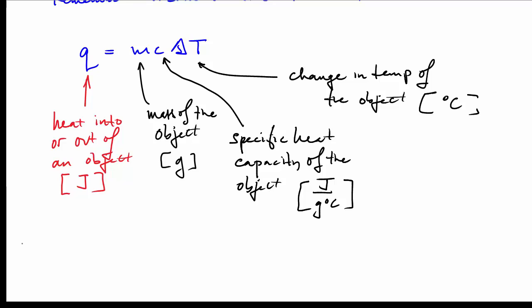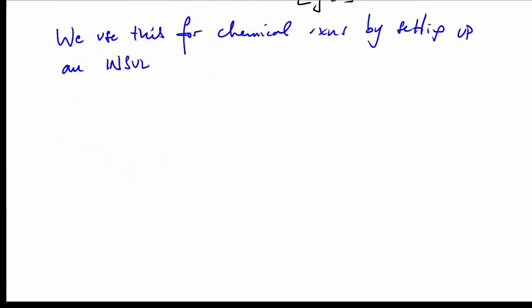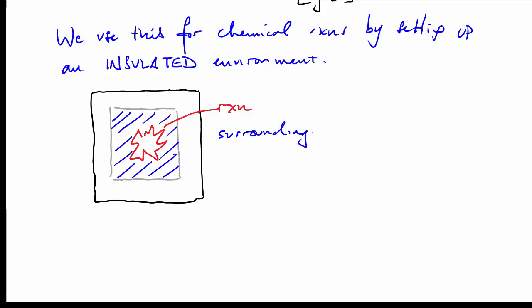So we use this for chemical reactions by setting up a certain kind of situation. It's an insulated environment. So here we have such a situation. It's a schematic view. We'll have the reaction on the inside here. We'll have some surroundings around the reaction, probably water in our case.